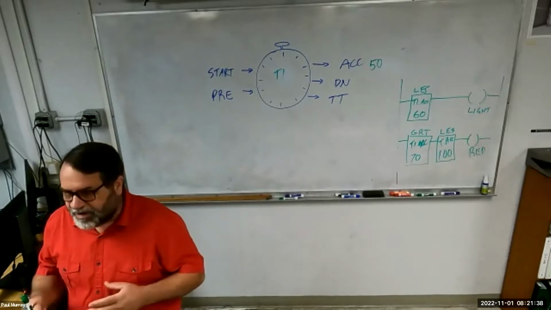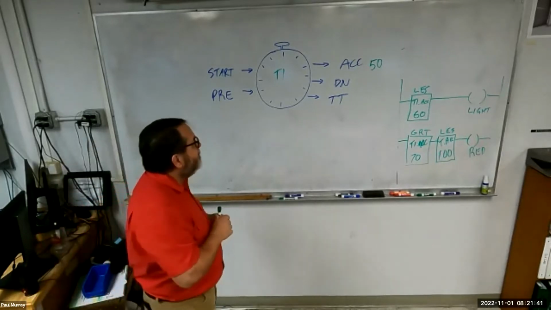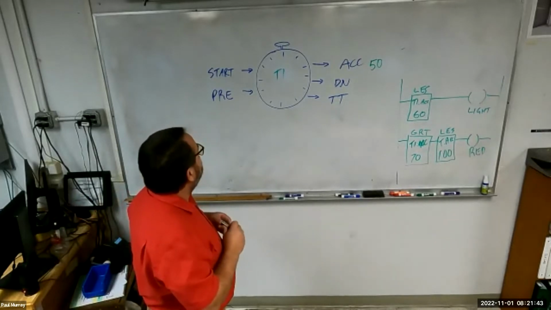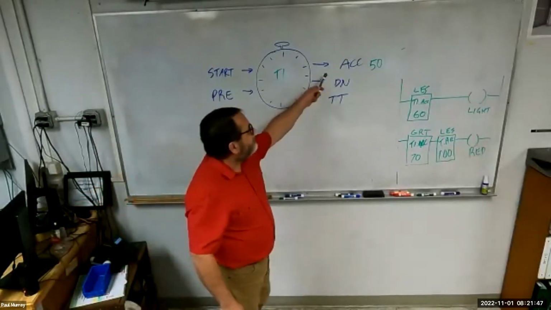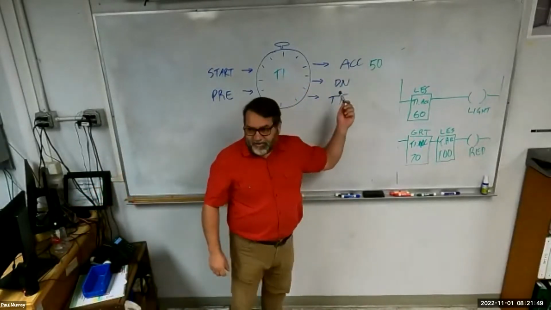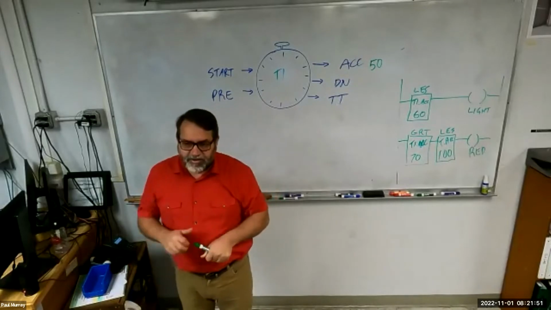So I could do some math with that. So that's one thing we can do with timers. We can use this accumulated value, and we can make decisions based on what that accumulated value is.